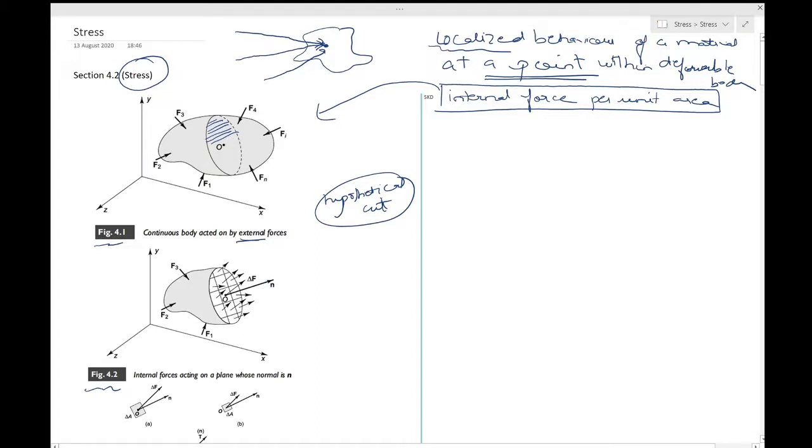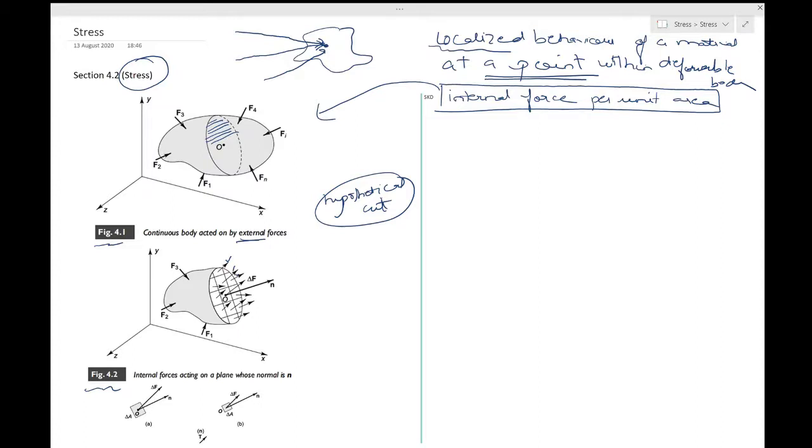Now, in order for the separate halves of the body to be in equilibrium, there must be an internal force transmitted across the cutting plane. These internal forces, which you see by these arrows, must act so that each half is in equilibrium.